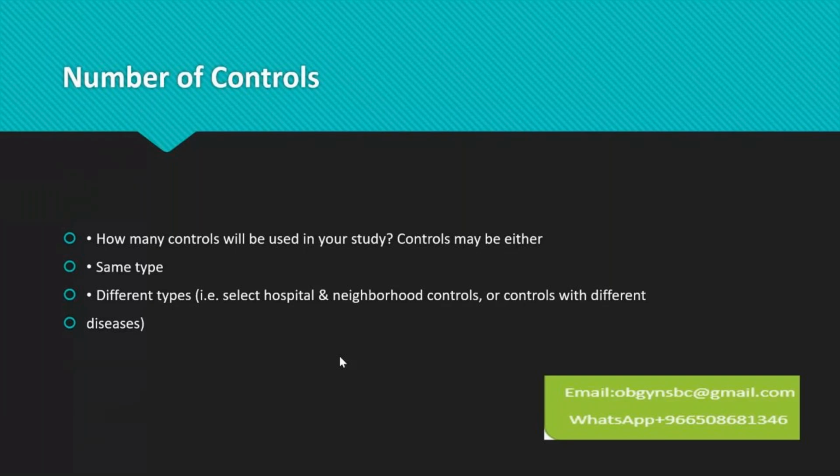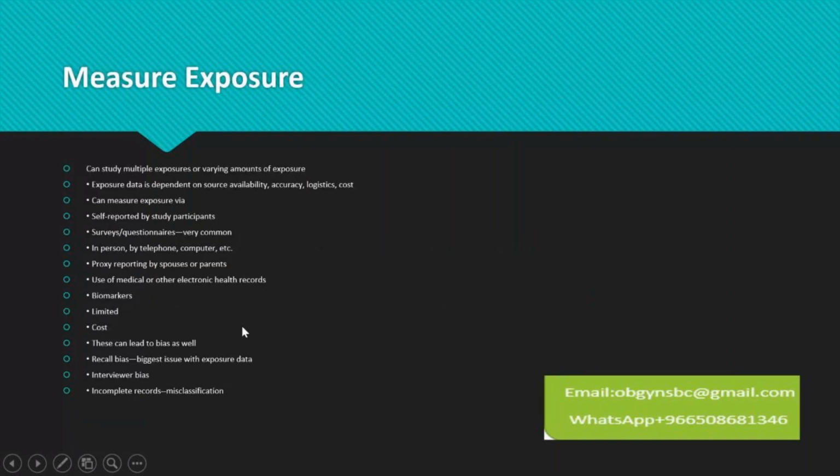It doesn't have to be one to one, but there are different ways of doing it. They should be of the same type, and if they are of different types, like the population selected from the hospital and neighborhood controls, or controls with different diseases, that can be difficult. So we have to match them and they should be of the same type.